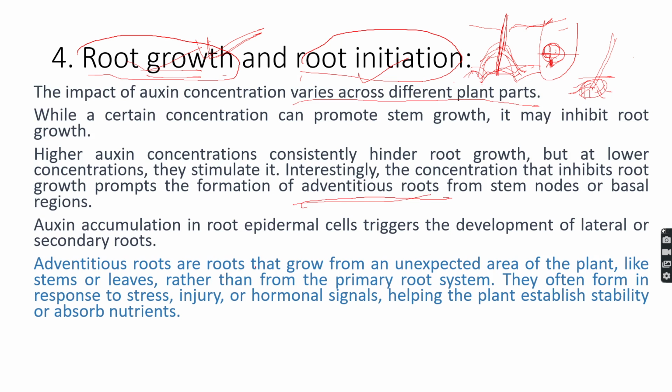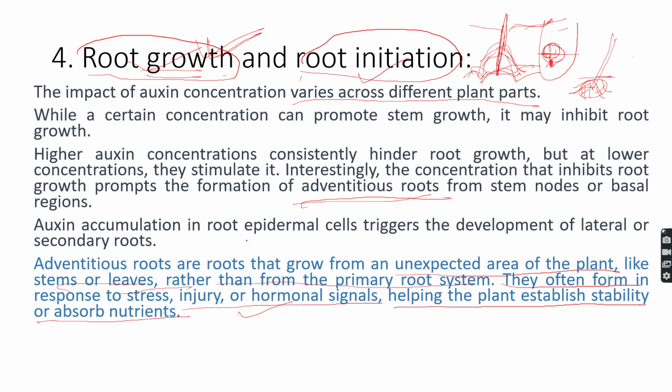Adventitious roots are roots, I have explained here. Adventitious roots are roots that grow from unexpected areas such as your stems or leaves, rather than from the primary root system. They often form in response to stress, injury, and hormonal signals, helping the plants to establish stability and absorb nutrient.